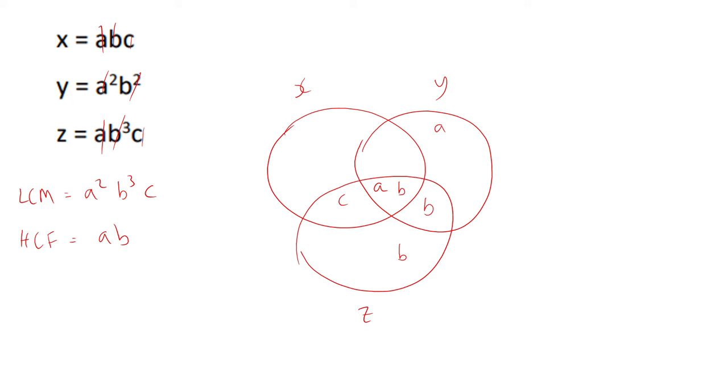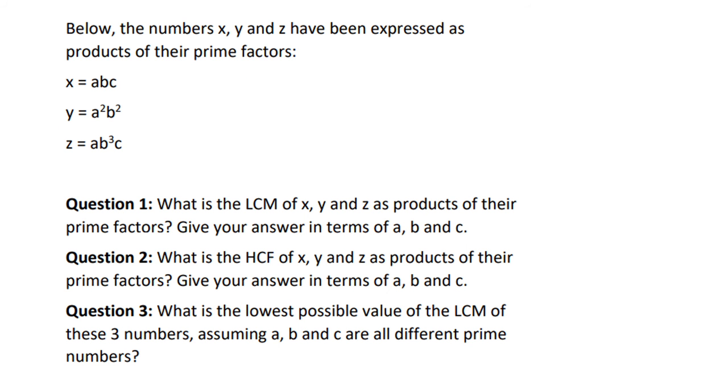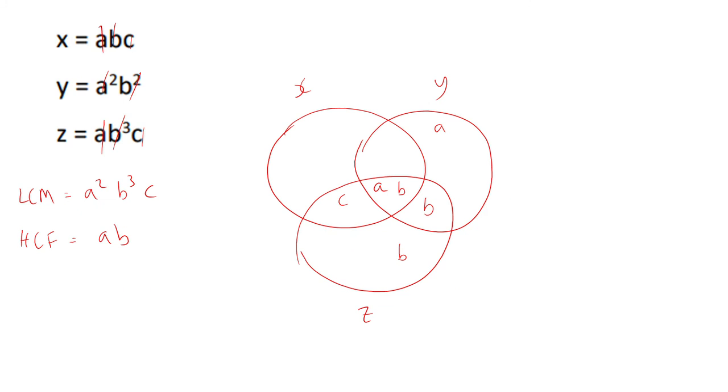So that's the HCF. And for the third part of the question, we have to find the lowest possible value of the LCM, given that a, b, and c are all prime numbers and all different prime numbers. So I'm going to look at the LCM, a squared b cubed c. So we've got to assign them the lowest prime numbers.